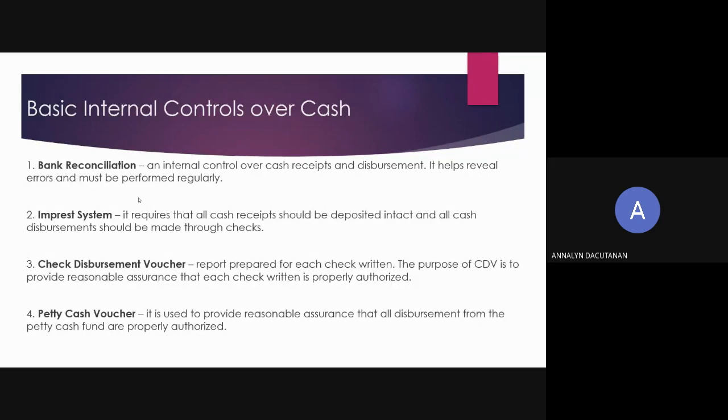Next is impressed system. So what is impressed system? It requires that all cash receipts should be deposited intact and all cash disbursements should be made through checks. So under impressed system, yung example, grocery store, lahat dapat ng laman ng kaha for that day, i-deposit mo lahat yan.